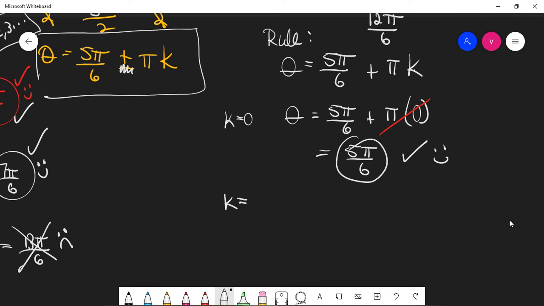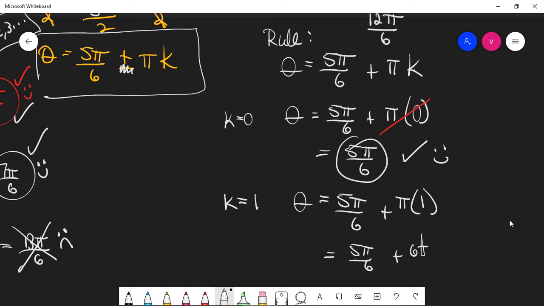Okay, so let's try the next k. Remember, k is just an integer talking about which rotation you're trying. That was no times around. Now we're going to try one whole time around. K equals 1. So theta equals 5 pi over 6 plus pi times 1. That's 5 pi over 6 plus 6 pi over 6, because 6 pi over 6 is the same as pi times 1.